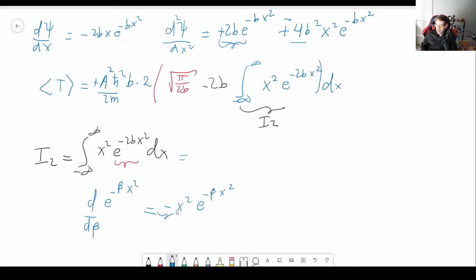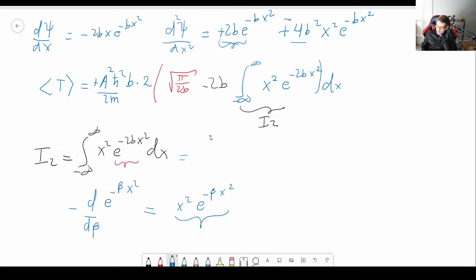So that is the trick that we will do. We will multiply both sides by a minus, so we get the minus here. So now we can replace the x squared e to the minus beta x squared. Instead of beta, we get 2b, of course, but for now, let's stick to the beta. And we can replace it by this other thing. And what happens?